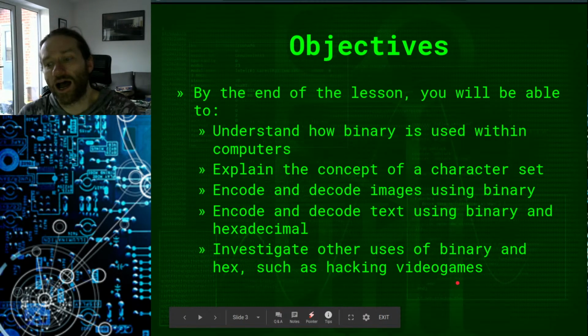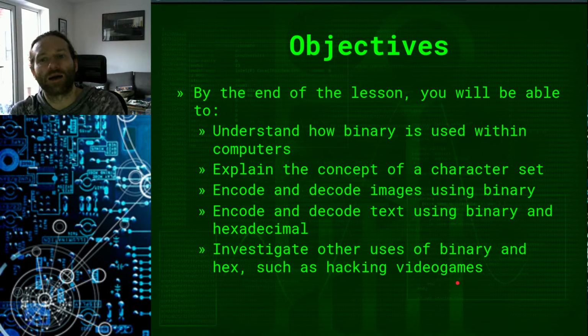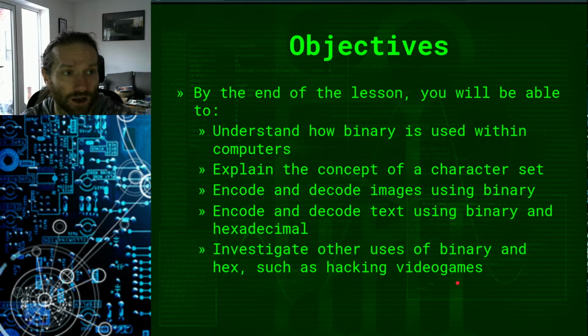Okay, so the objectives here: understand how binary is used within computers. We looked at why binary is used within computers, because it's the only thing that computers understand. But we're going to have a look at the specifics of how it is used. It's all well and good saying computers only understand binary, but we need to know how they make use of that binary in order to store data.